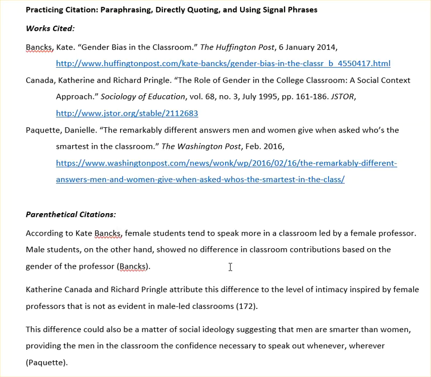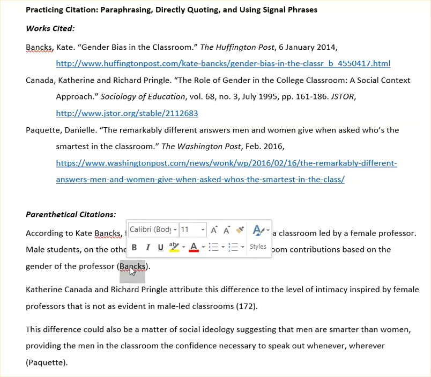However, because this is a multiple sentence paraphrase, I really want to signal to my readers when I am done paraphrasing information from this particular source and moving on to either my own words or to information from a different source. So I'm going to keep Banks in the parenthetical citation.